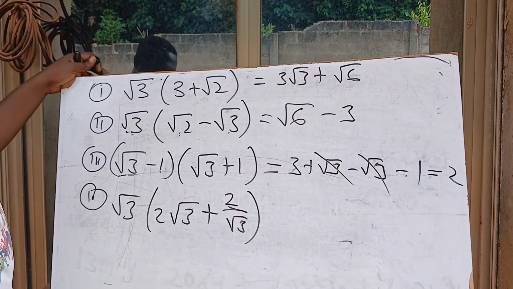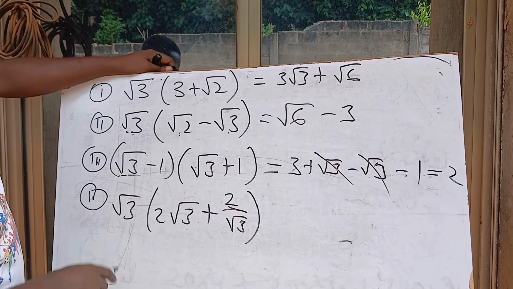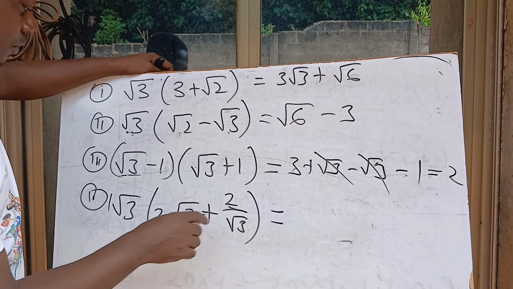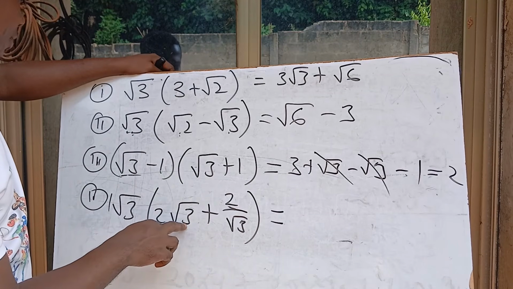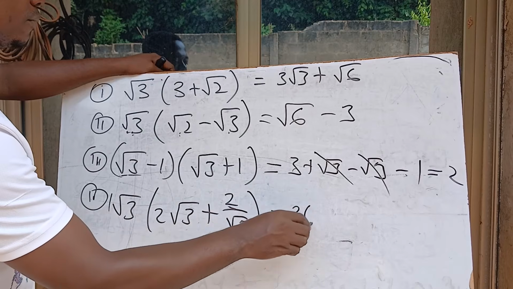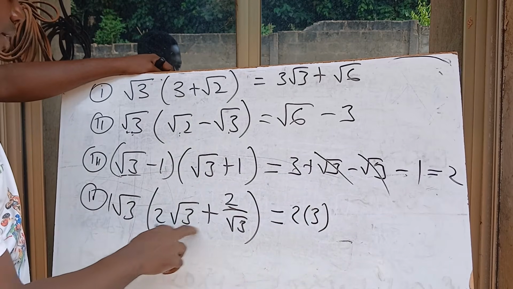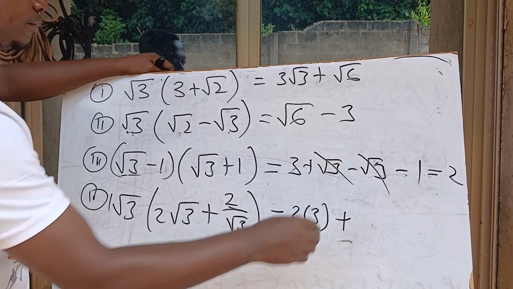Okay, and the last one, coefficient here is 1, so 1 times 2 is 2, and this times that is 3, so we have 2 times 3. 1 times 2 is 2, this times that is 3 plus.